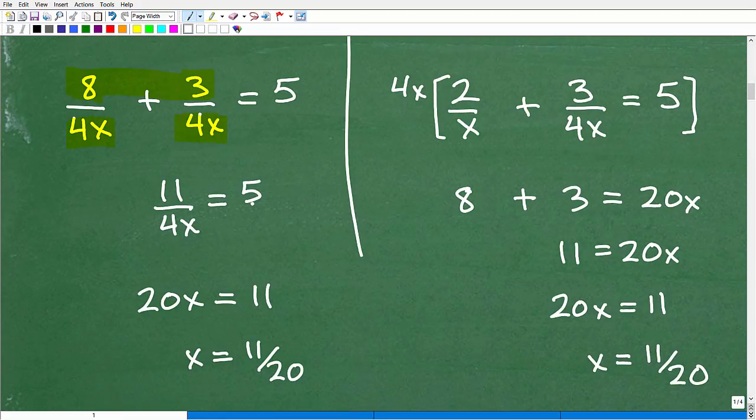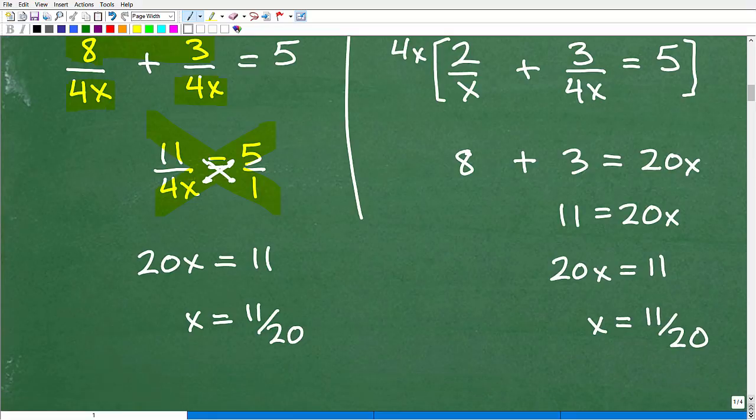Now, at this stage of the game, you need to recognize that what we're really dealing with here is a proportion. So the best way to solve this type of equation is to use the cross product, okay? So 4x times 5, in other words, you're going this way. 4x times 5 is 20x, and 11 times 1 is 11.